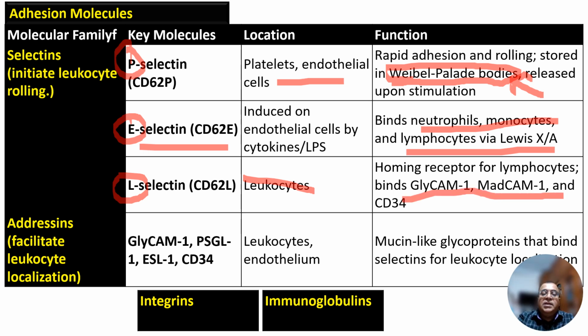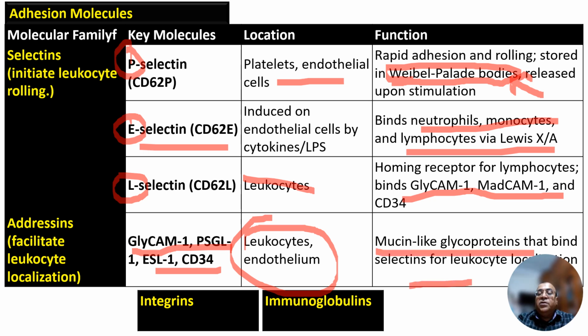The addressins that tell the address to the leukocyte are GlyCAM-1, PSGL1, ESL1, and CD34, and they are located on the leukocyte and endothelium. And actually, they are mucin-like glycoproteins that bind with selectin for leukocyte travel.